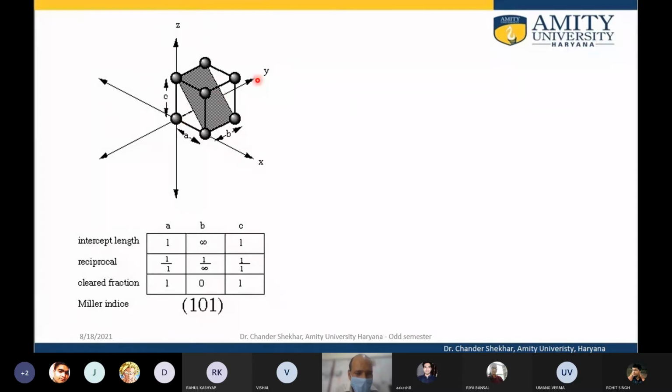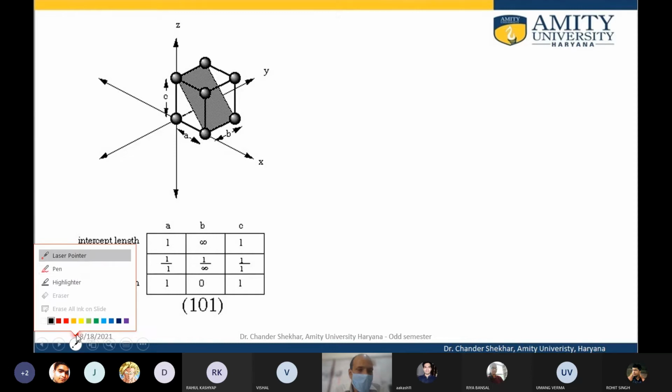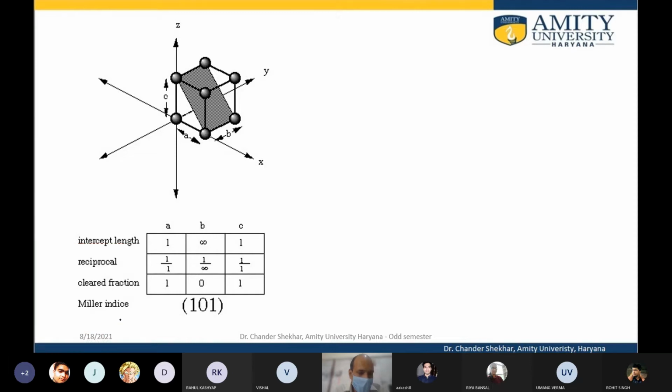Along the y-axis it doesn't intersect, it meets at infinity, and then along the z-axis it meets at unit edge length again. So the intercepts are 1 along x, infinity along y, 1 along z, and then the reciprocals are 1 by 1, 1 by infinity, 1 by 1. So the Miller indices after clearing the fraction are 1 0 1.